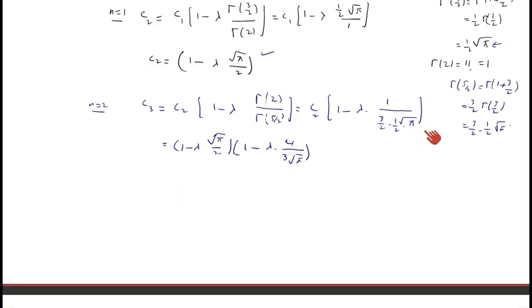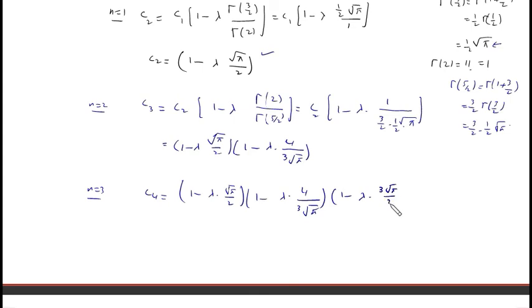Taking one more, n equal to 3, and using the same concept I can write (1 minus lambda) times square root of pi over 2 into (1 minus lambda) times 4 over 3 square root of pi, and then (1 minus lambda) times 3 square root of pi over 8.